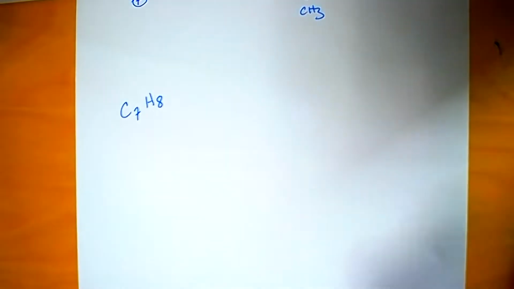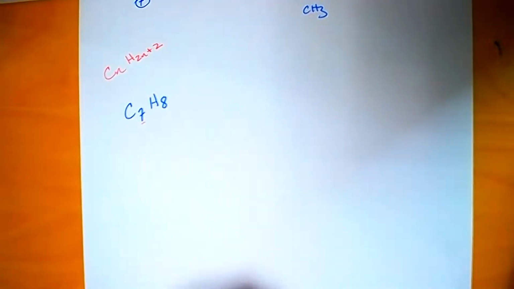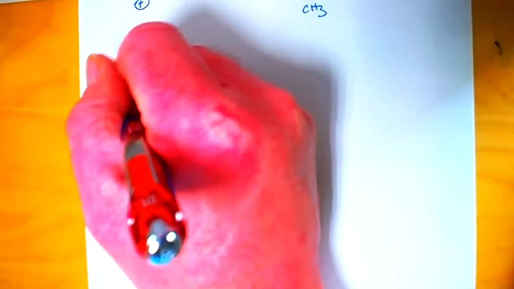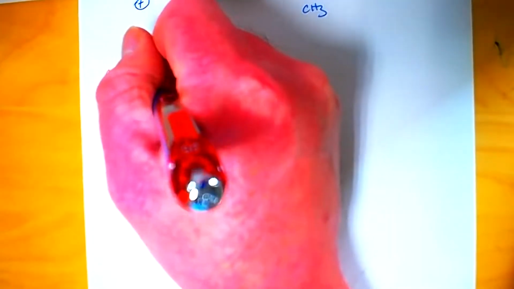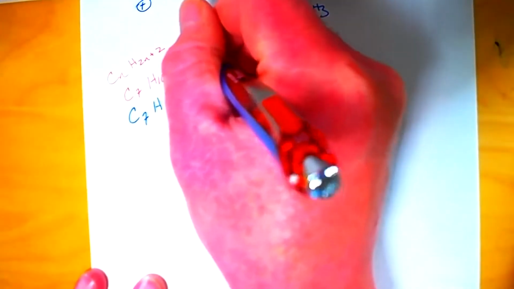Well, if you were going to talk about an alkane that had 7 carbons, the saturation formula for an alkane, and I do think I mentioned this back all the way in chapter 4, is CnH2n+2. Well, so that means a fully saturated system would have something like this, C7H16. That is a fully saturated system.